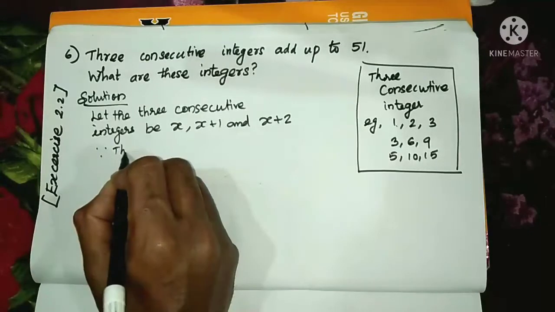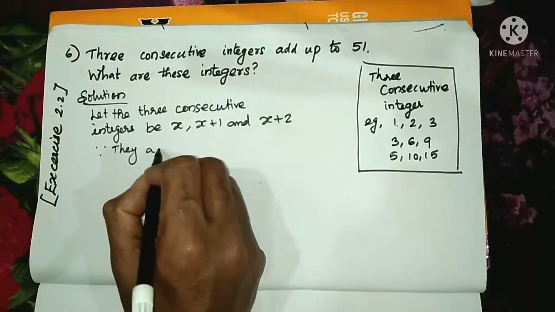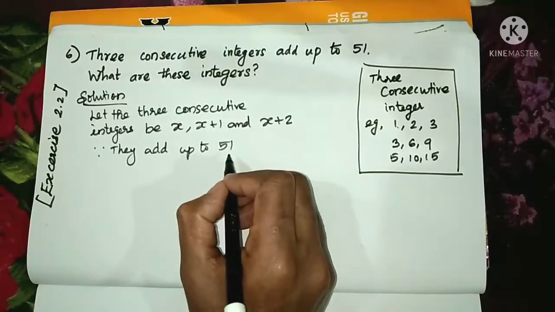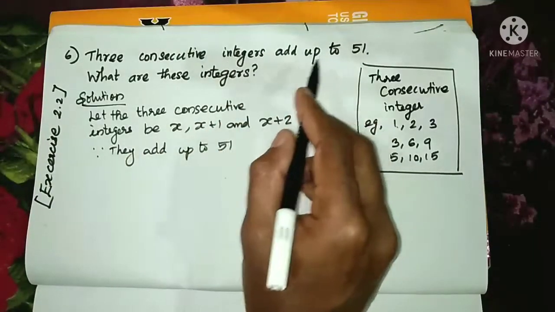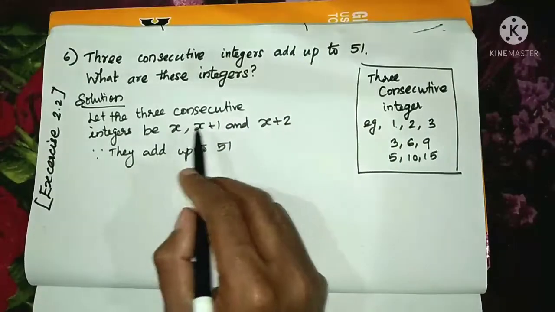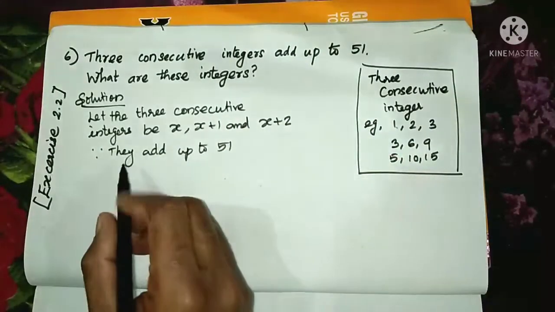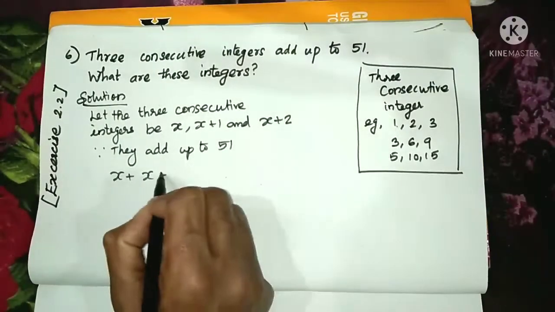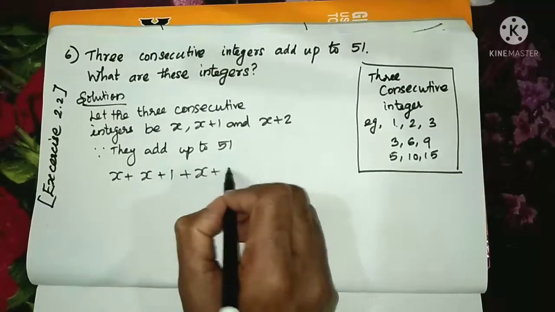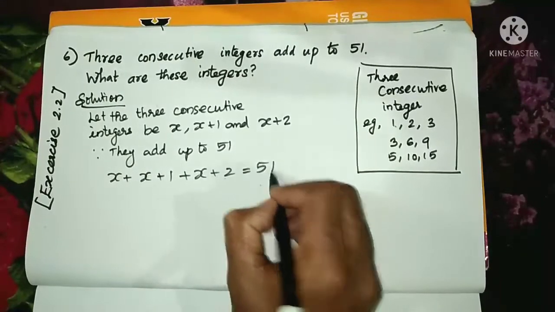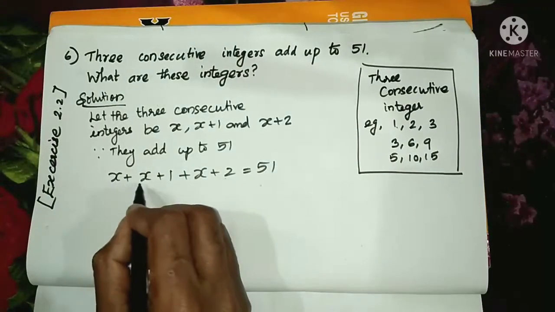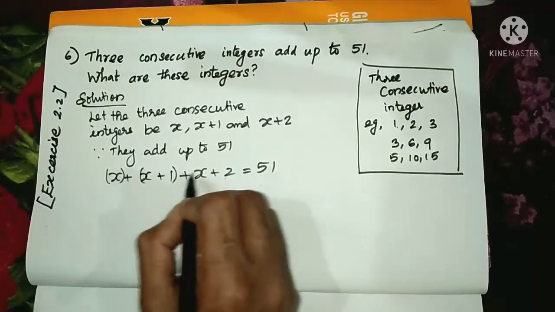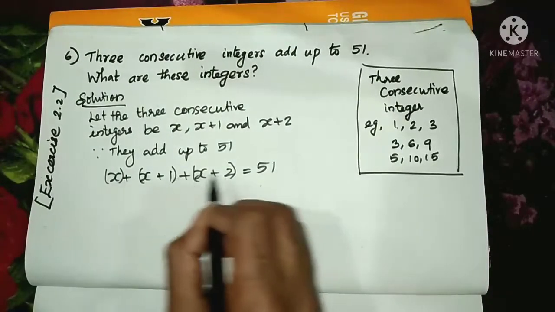They add up to 51, which means when you add these three numbers we get 51. So x plus (x plus 1) plus (x plus 2) equals 51. We can put brackets to show that these are three different numbers.